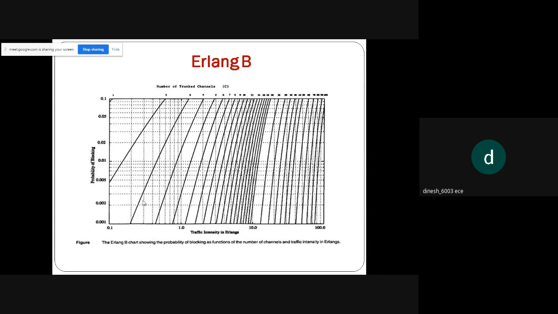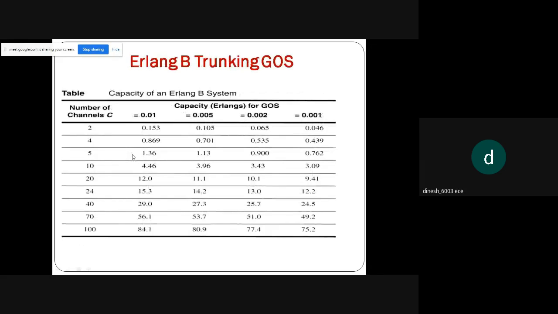The number of trunked channels is C. Traffic intensity in Erlangs varies from 0 to 100. This is the Erlang B chart showing the probability of blocking as a function of the number of channels and traffic intensity in Erlangs. So the probability of blocking will be in this fashion in Erlang B. Here is an example of the capacity of an Erlang B system, depending upon the number of channels.